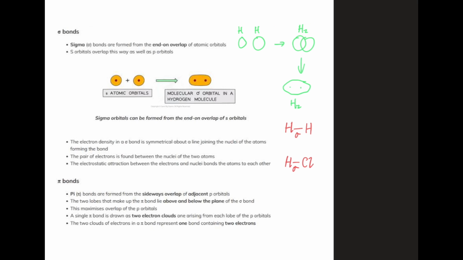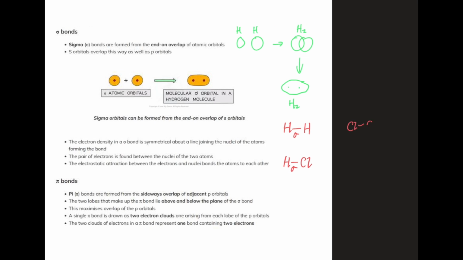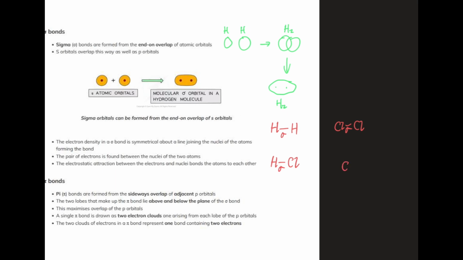Easier to take it that way. Cl and Cl, single bond, and this is a sigma bond. Just now I also gave one example: this one, 4 single bonds, then 4 sigma bonds. So sigma bond happens in a single covalent bond.